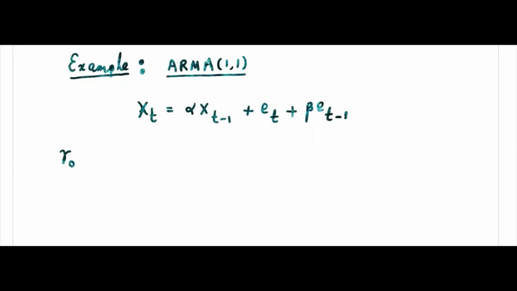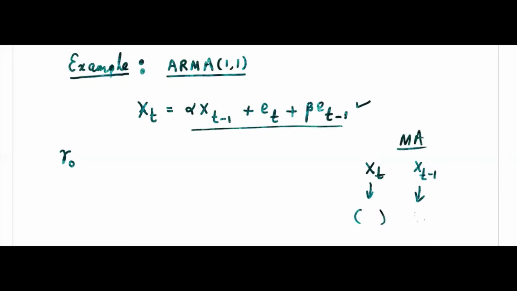Normally, when you find autocorrelation of an MA process, you write this one in terms of whatever you have on the right hand side, and also this one in terms of whatever you have on the right hand side. Suppose I have written this equation, whatever we have in the MA process, all three terms we have to write here.